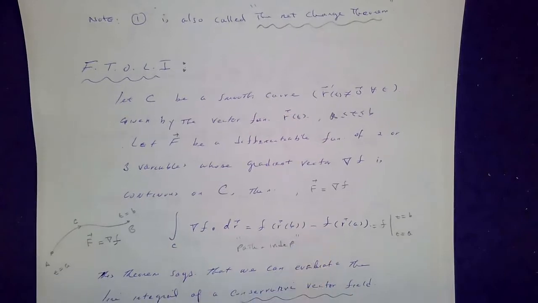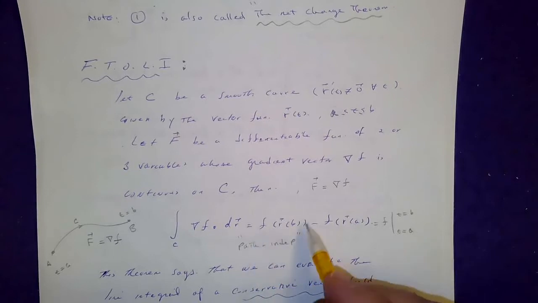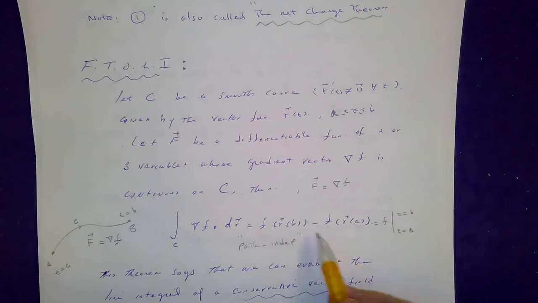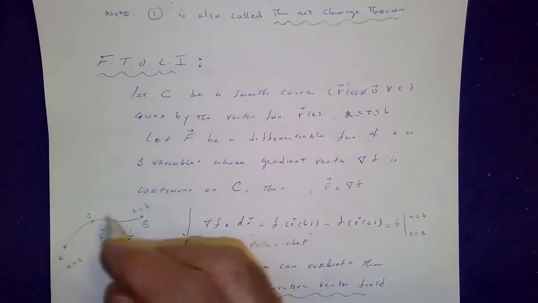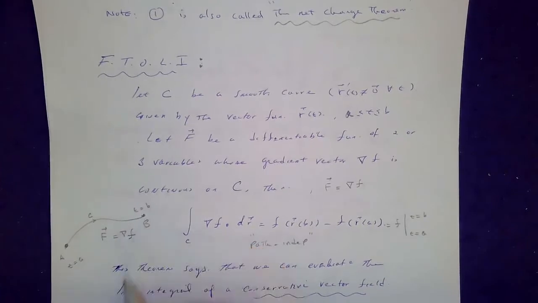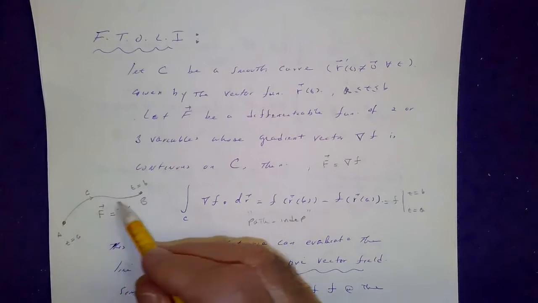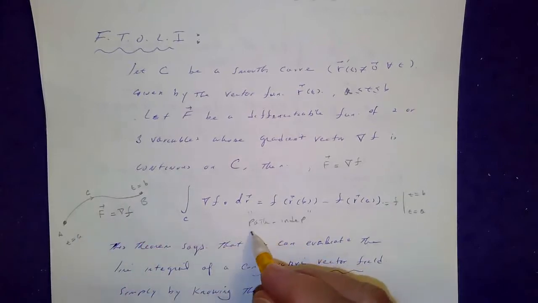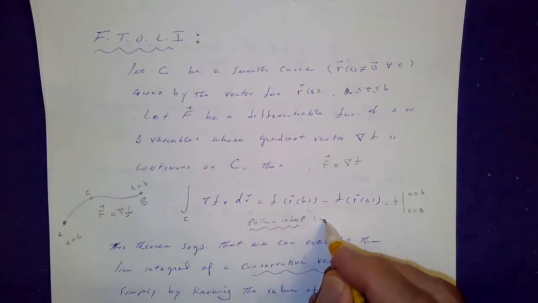The bottom line is the line integral then becomes solely dependent on the difference of the scalar function, which is known as the potential function, evaluated at the initial and the terminal point of the curve, regardless of how we got from point A to B. That's why it's called a path-independent line integral.